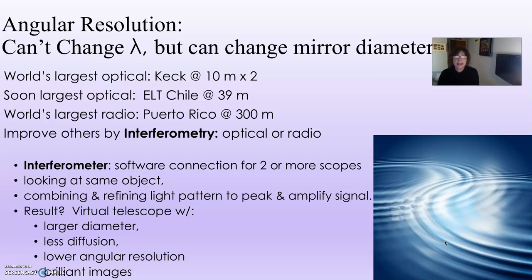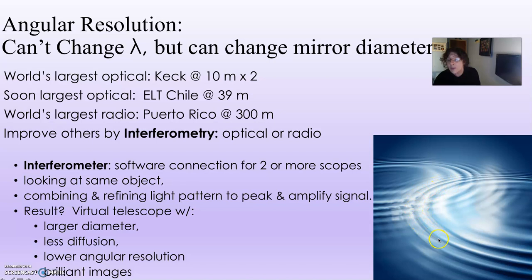So they're looking at the same object, but because they are separated, they are getting the wavelengths in at just a hair off on time. We're talking like nanoseconds here. As a result, this software can take that timing difference and refine the light pattern that's associated with that and fix the phases so that they match. And when the phases match, they can peak together and reinforce the wave.